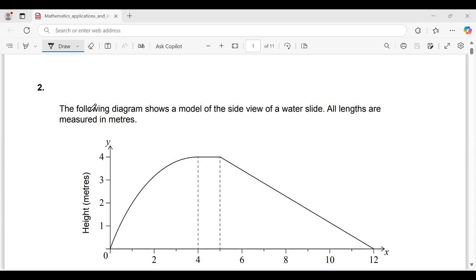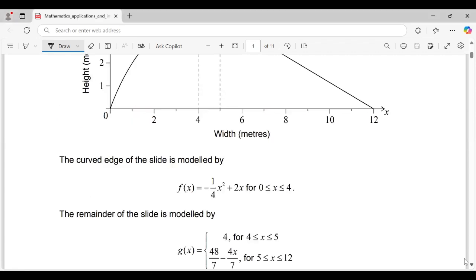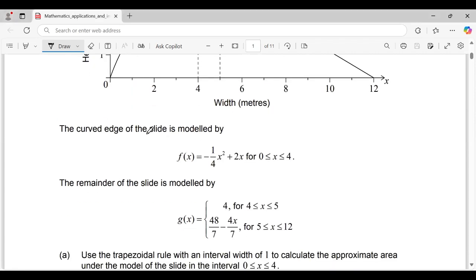Number two, the following diagram shows a model of the side view of a water slide. All lengths are measured in meters. This is the diagram. The curved edge of the slide is modeled by this function. The remainder of the slide is modeled by these functions.